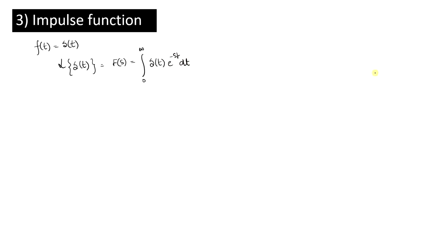Now in the case of the delta function, we are considering the value at t equal to 0, and this has a weight equal to 1. So directly substituting, it is 1 into e power minus st dt, right? Since the value exists only at 0, I can change the limits of this integration only to t equal to 0.